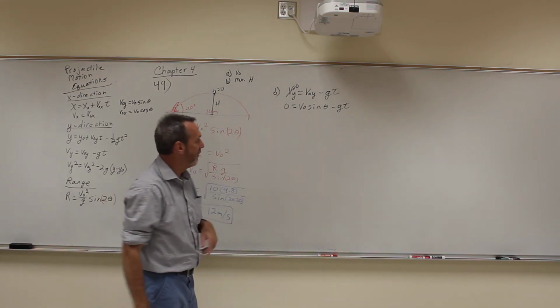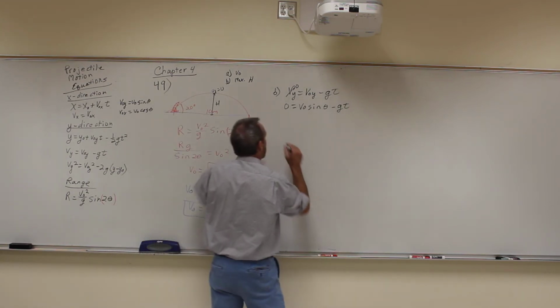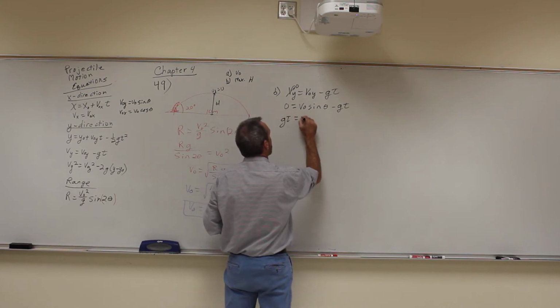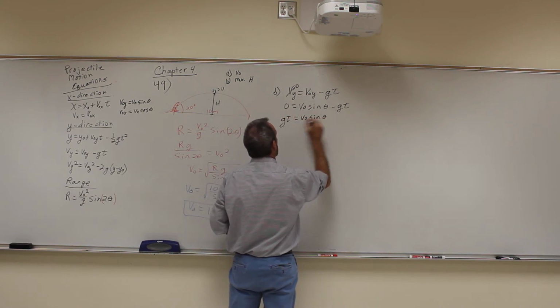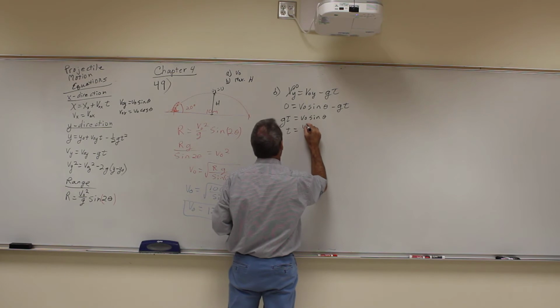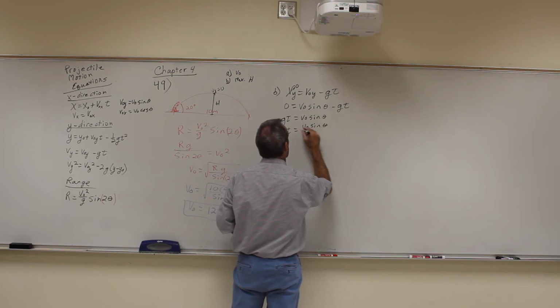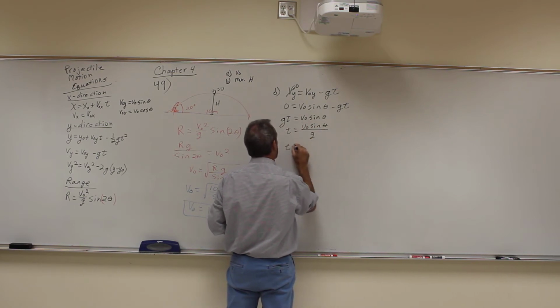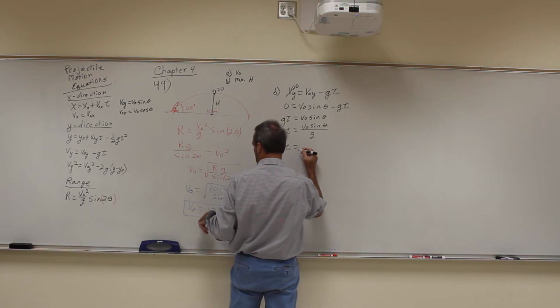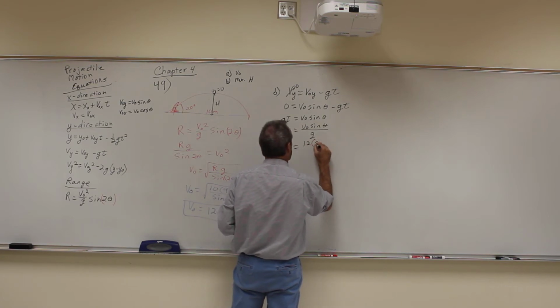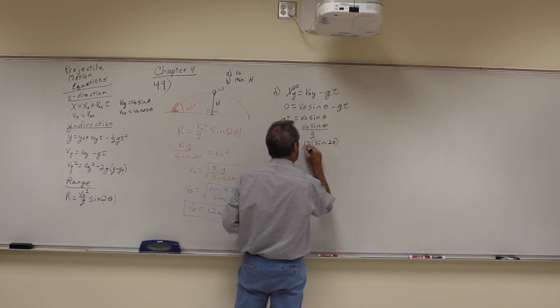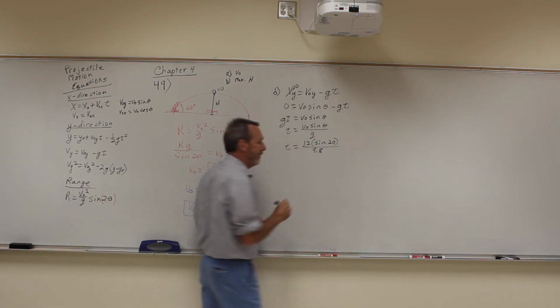And I'm just going to solve that for t. So I'm going to put this on this side and say, oh, gt is V naught sine theta, or t is equal to V naught sine theta over g. And so you can figure out the time. We have 12 times the sine of 20 all over 9.8.